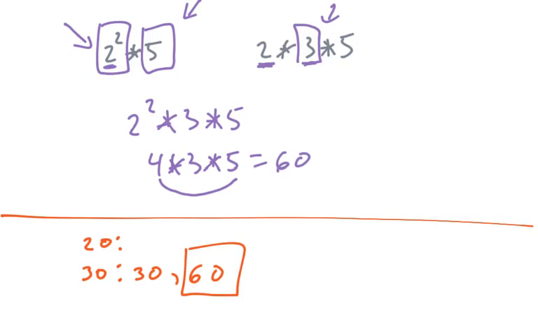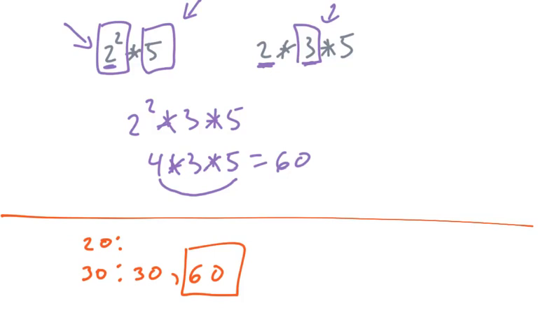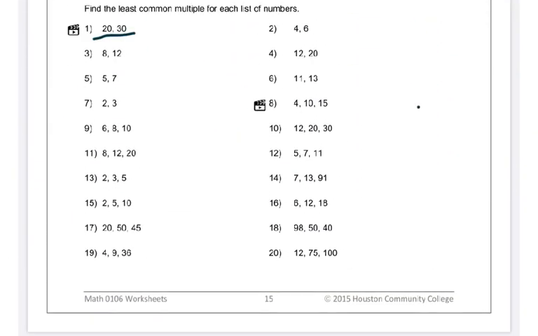If you're going to list, if you're going to use this method, I would just take the higher number and see if the other one divides into it. That was how I would find the LCM. Now, what you're going to find as we work through these is that on certain problems, one method is superior to the other.